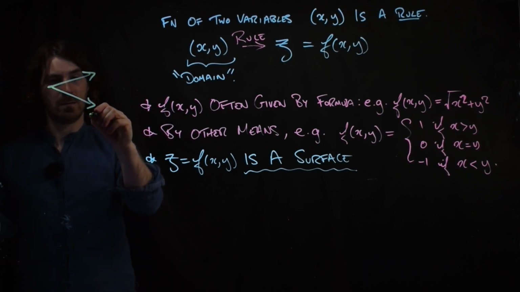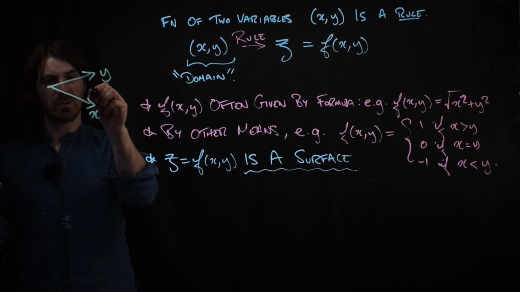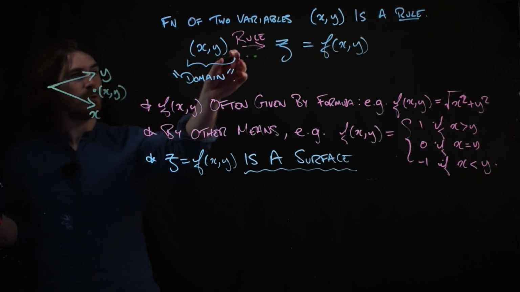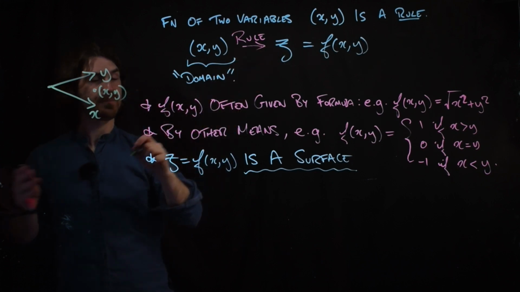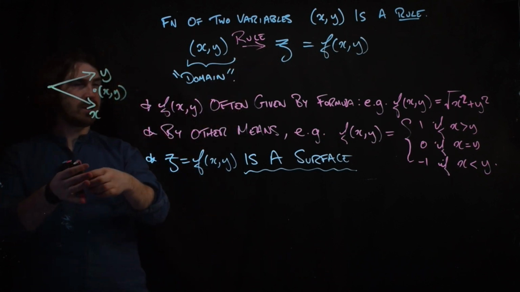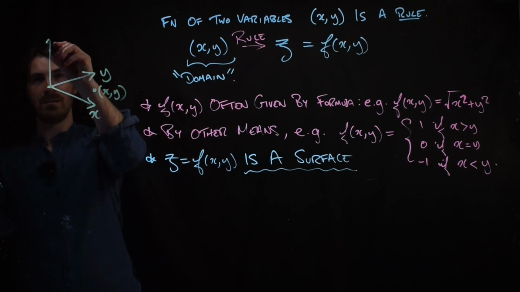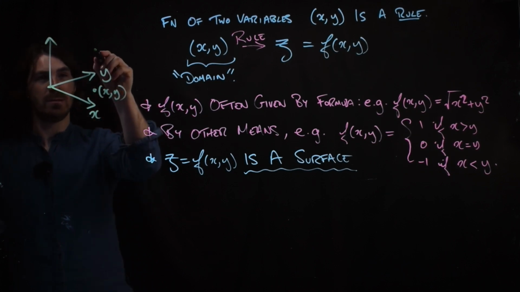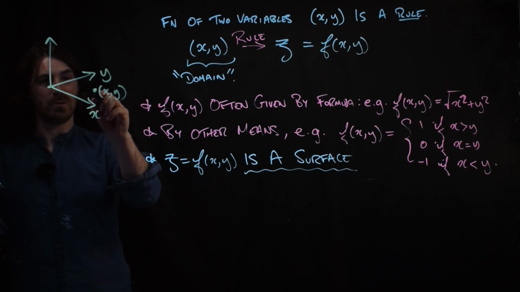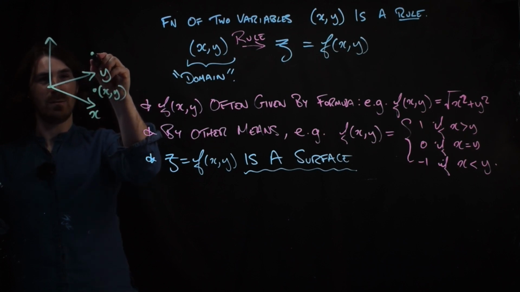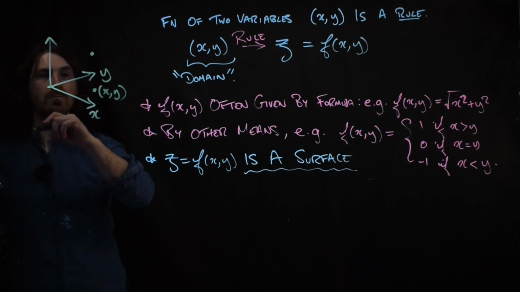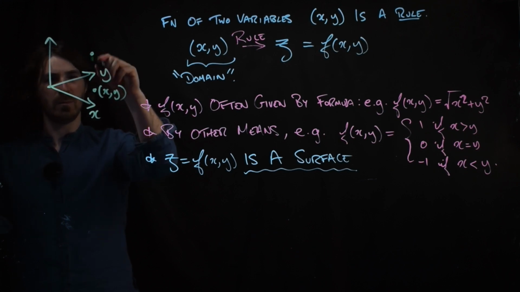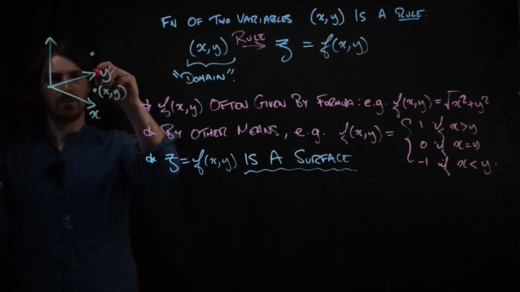So we take some coordinate x, y, and there's a rule that gives us a value z. Here we can draw it as z being the value of the point, and it's the height above the xy plane. So for this coordinate xy, z equals this. So this is the value of z.